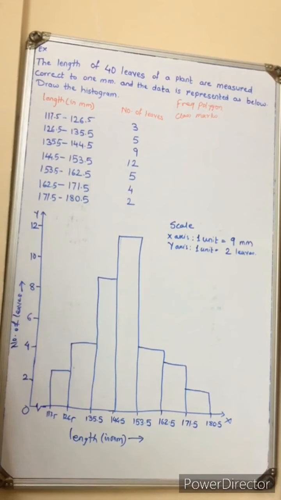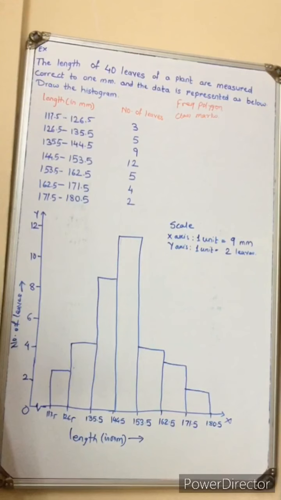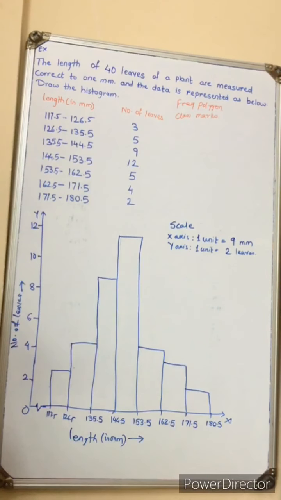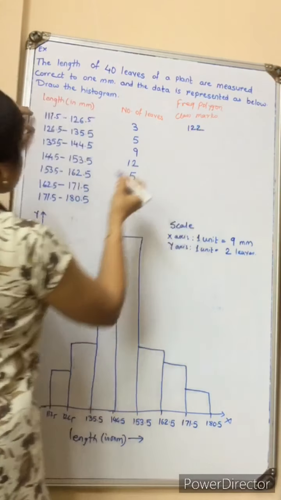What is a class mark? It is simply the mid value of the class. We can calculate mid values by adding the two limits and dividing by 2, and it comes to be 122.